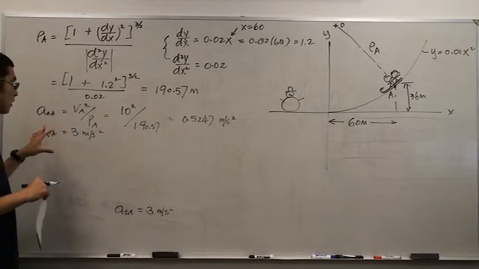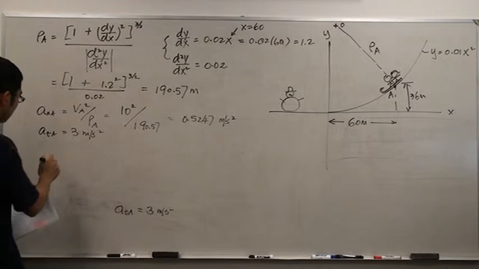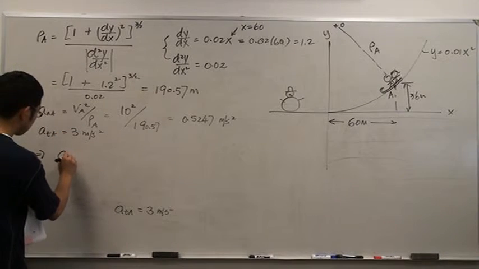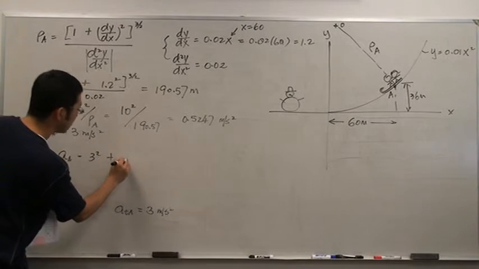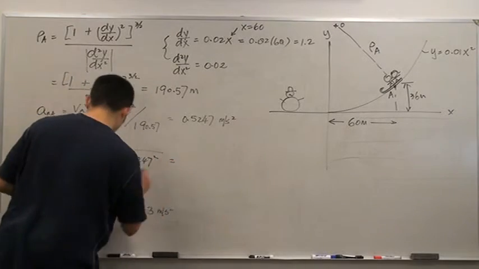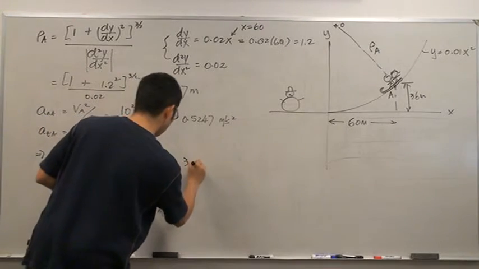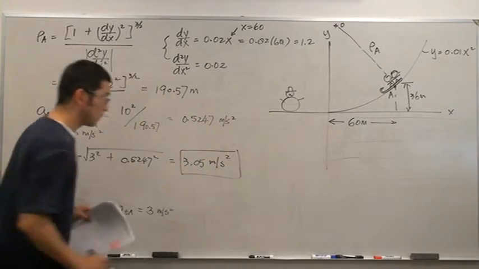So you would probably expect your total acceleration to be closer to 3, 3 point something. So the total acceleration at A is equal to the square root of 3 squared plus 0.5247 squared. That gives you 3.05 meters per second squared.